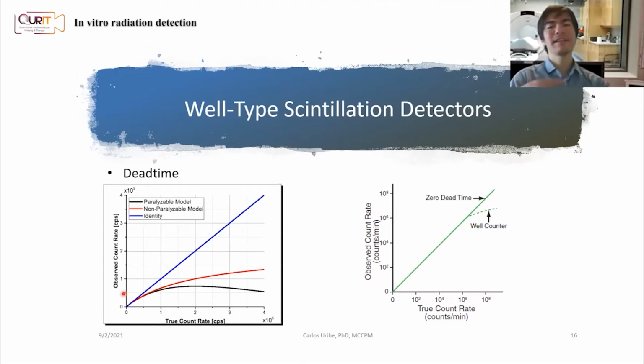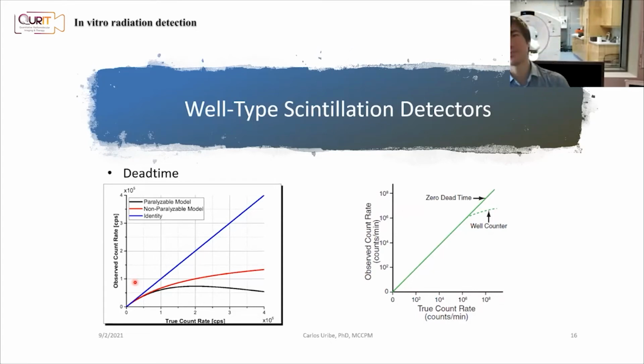The issue is that as the count rate keeps increasing, you start losing some counts. The ideal scenario is this blue line, the identity: the count rate coming from the source is the same as what you observe. But as the count rate goes higher, you start seeing the red and the black behavior. Here, for example, you had 20,000 counts but you're only detecting 10,000, so some counts are being missed.